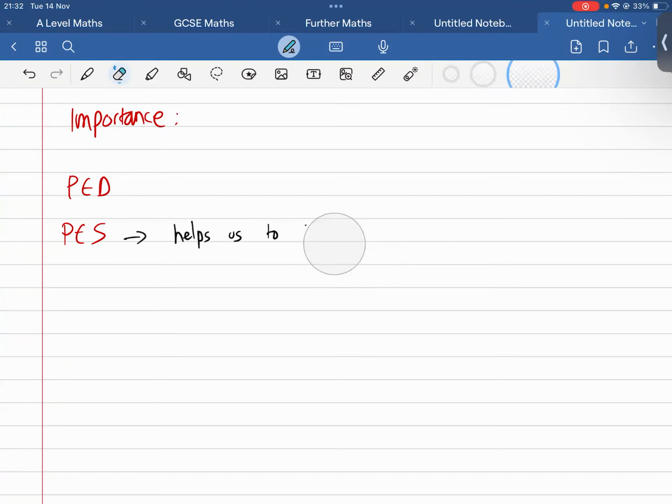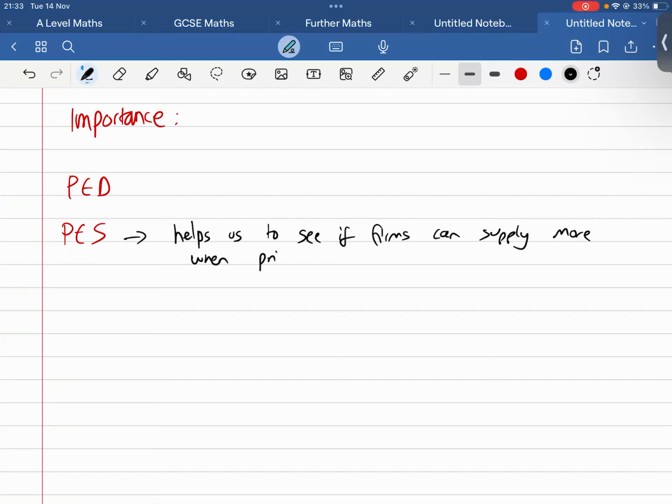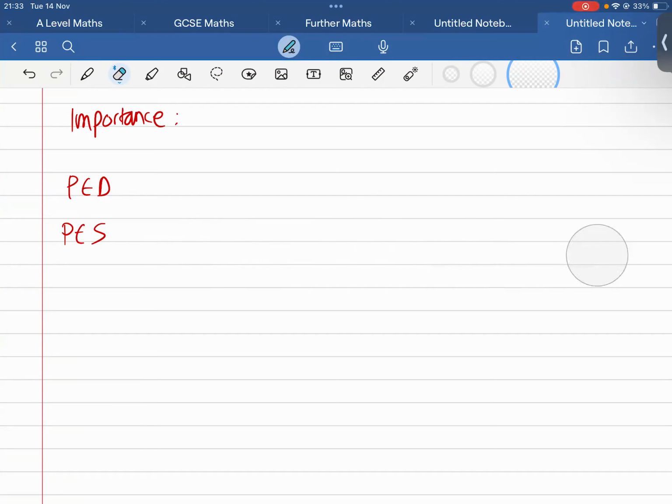Yeah, it helps us to see if firms can supply more when price goes up. There's nothing that fancy, to be honest, about this so far. It's just repeating. PED is the most fancy one, so it can tell us something quite important.